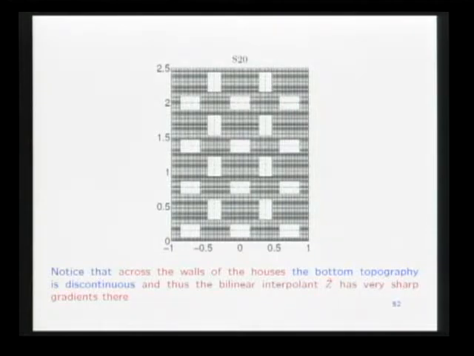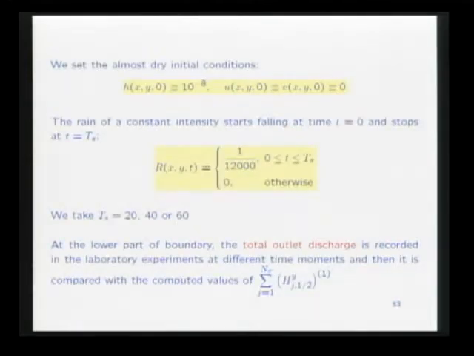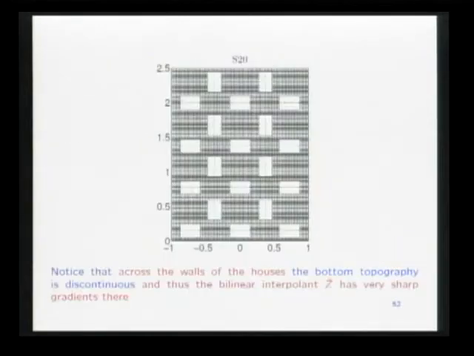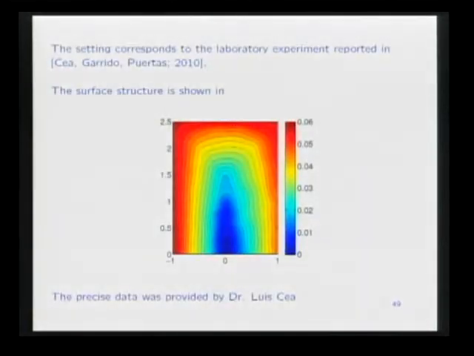And one could use just directly the shallow water system with the Manning friction term to simulate this. So, okay, this is initial data, it's almost dry initially. This is a source of rain, uniform, and it stops at time either 20, 40, or 60. There are 3 experiments that they conducted. And they measured the outlet discharge because the water here, that's the lowest part, and the water will go here.